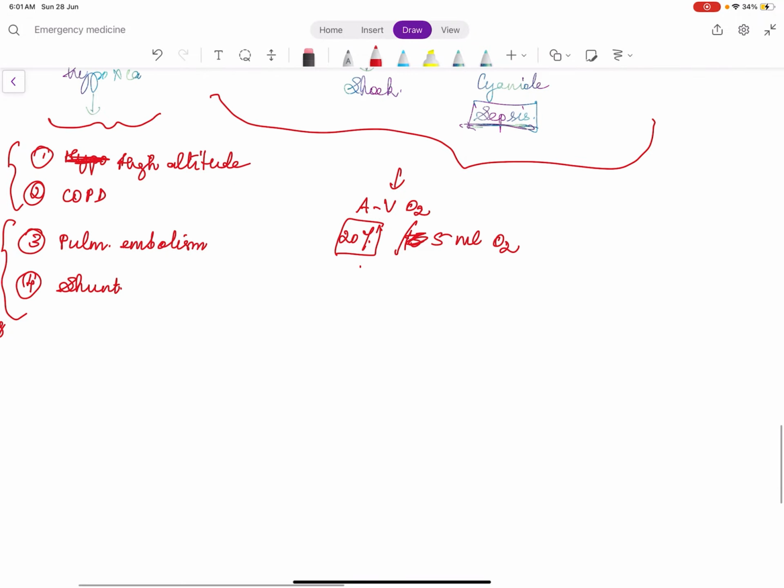So where does it increase? It increases in situations where the tissue extraction is very high, hence the arterial oxygen is normal, but the venous oxygen is very low. So AV oxygen difference is more than 20%, especially in conditions of anemia and shock, including septic shock.